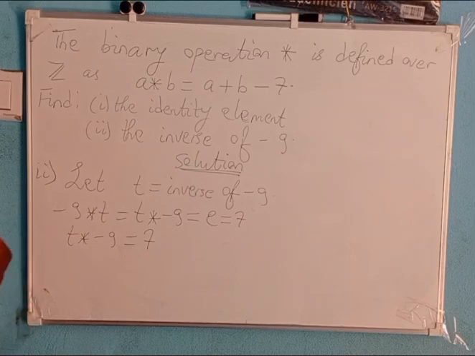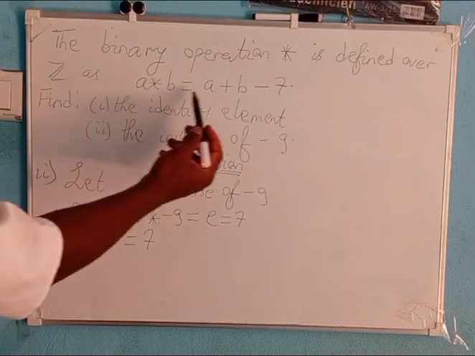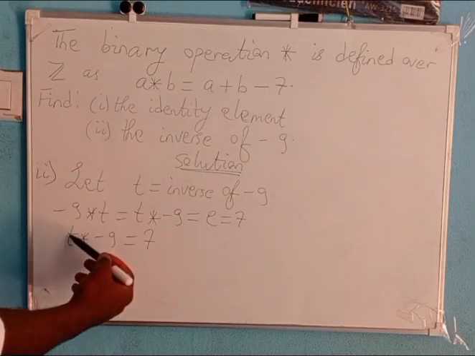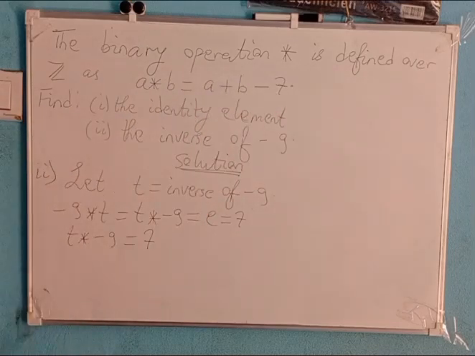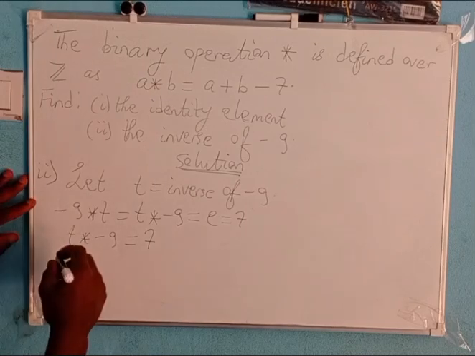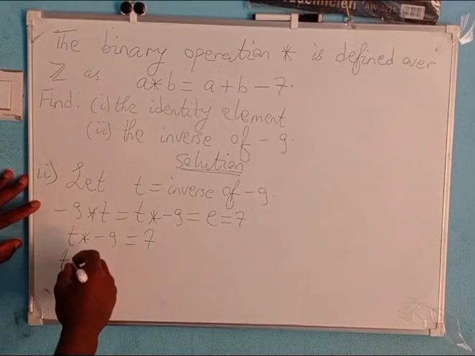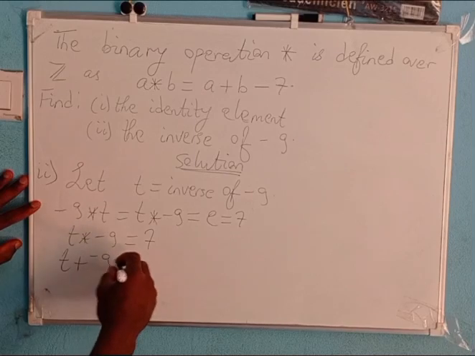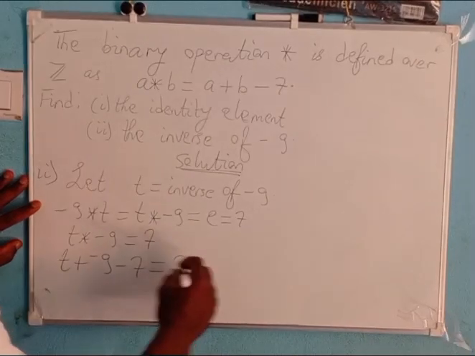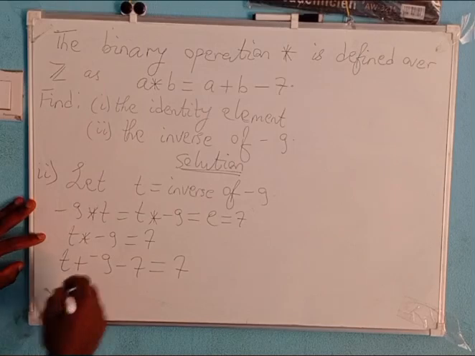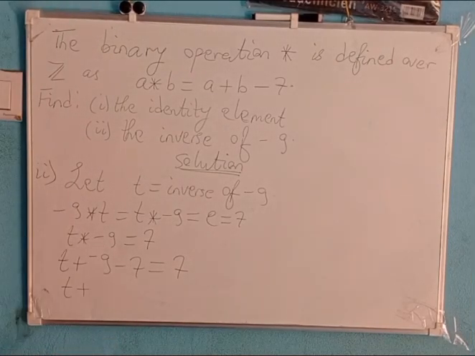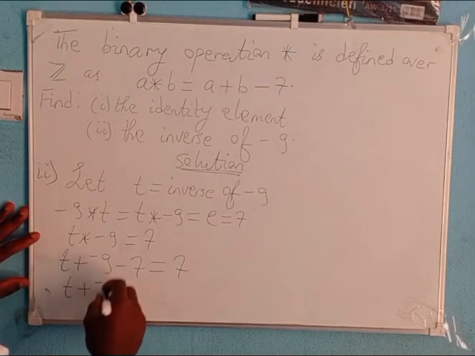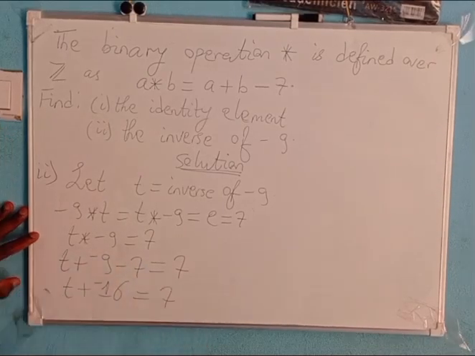T star negative 9 is the same as, if we compare, A is T, B is negative 9. So at the right hand side, we are going to replace A with T and B with negative 9. This will give us T plus negative 9 minus 7 is equal to 7. This will give us T plus negative 9 minus 7 gives us negative 16, is equal to 7.